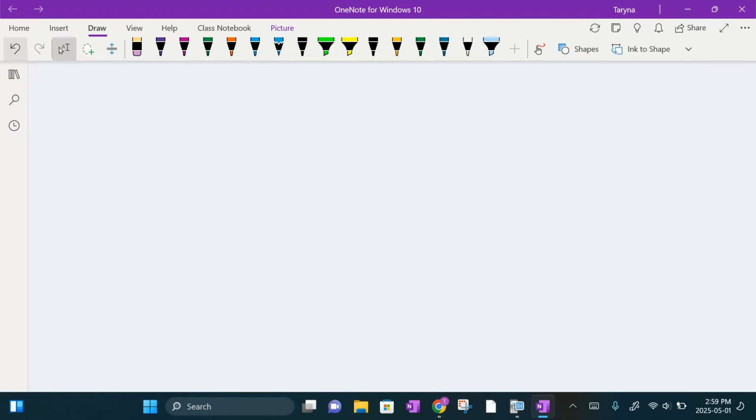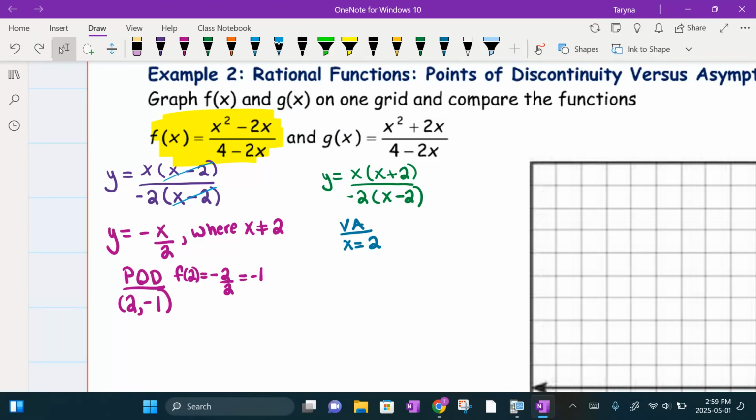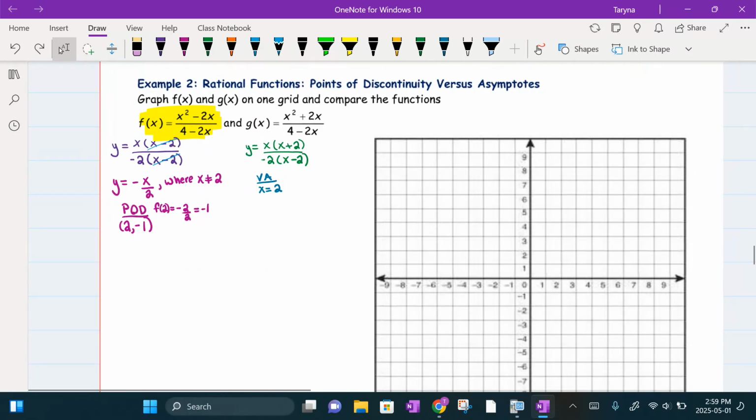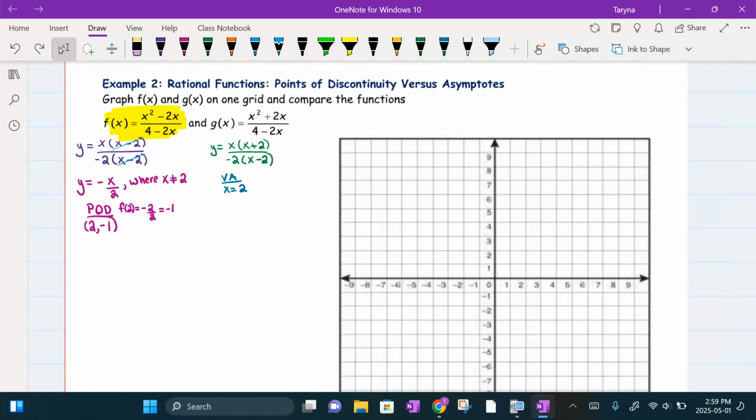So then do one of the graphs, finish that one, and then the second one you would pencil in your vertical asymptote and then use your calculator to find points around the vertical asymptote. This is where it is nice, because I'm making you do 2 graphs on one to have a different color, not to get them confused.